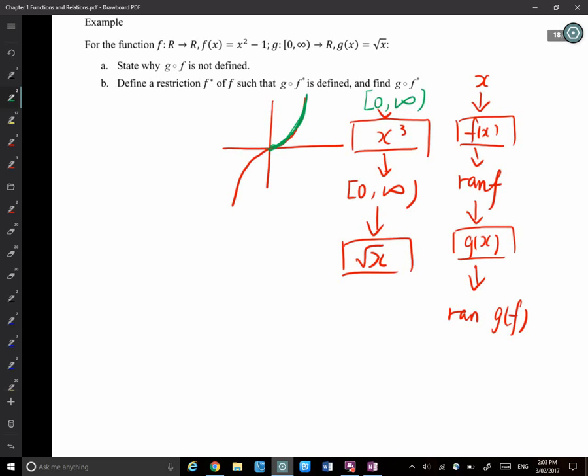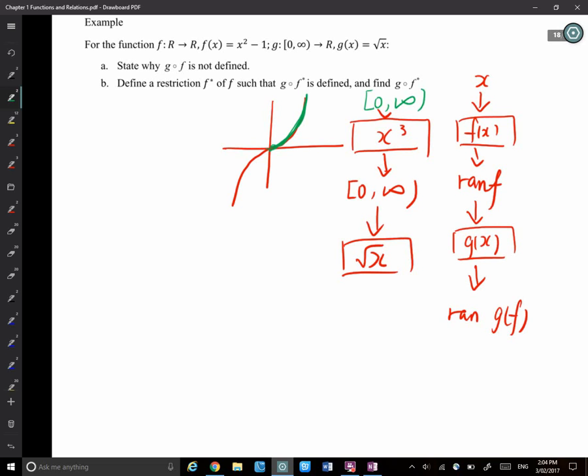Now I want to find the x value, the domain, suitable for this range. I want 0 to infinity as my range, which is this part of the graph, and my x value will be this part of the graph, which is 0 to infinity as well. So 0 to infinity is the final domain for this composite function, not R minus, not R plus. It's this.